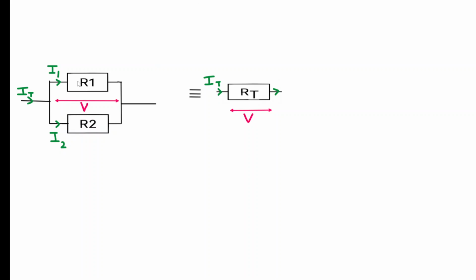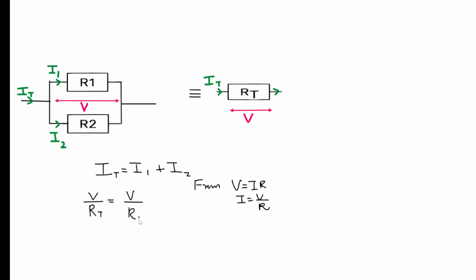Now I can clearly see the total current I total is I1 plus I2, conservation of charge or even Kirchhoff's first law. Now I know from V is equal to IR that I is equal to V over R. Now I total is V over R total, I1 is V over R1, plus I2 is V over R2.